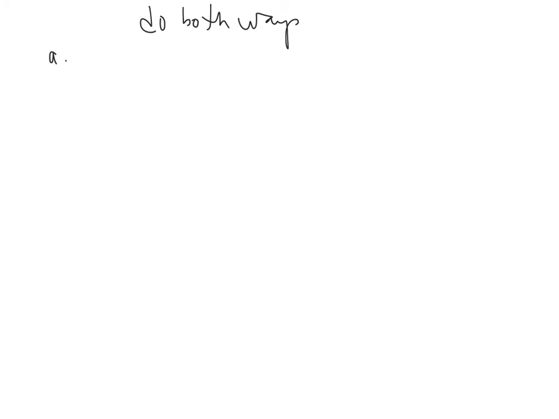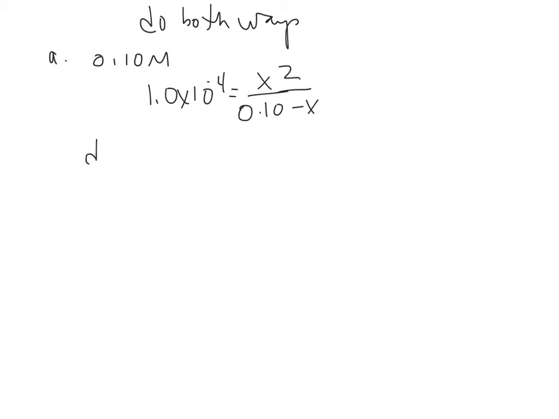And for solution A, we have 0.10 molar, and the equation is 1.0 times 10 to the minus 4 equal to x squared over 0.10 minus x. First we're going to drop x.